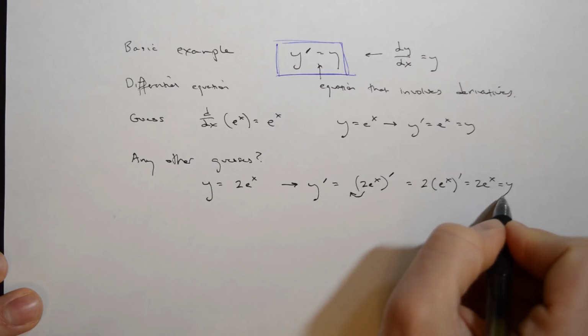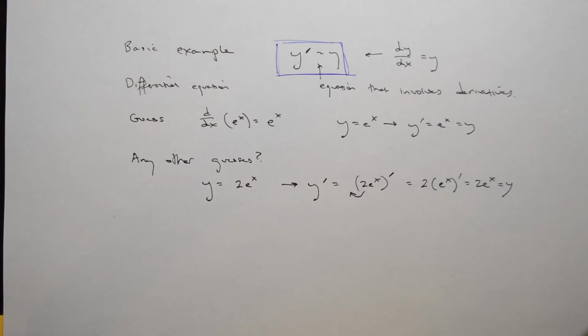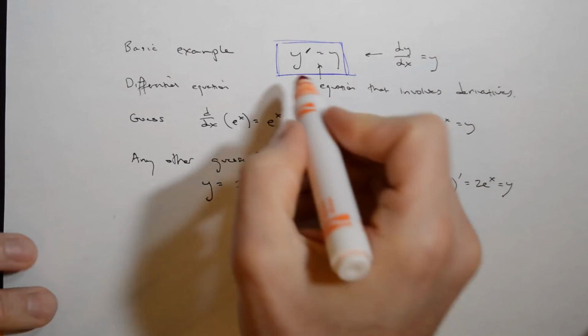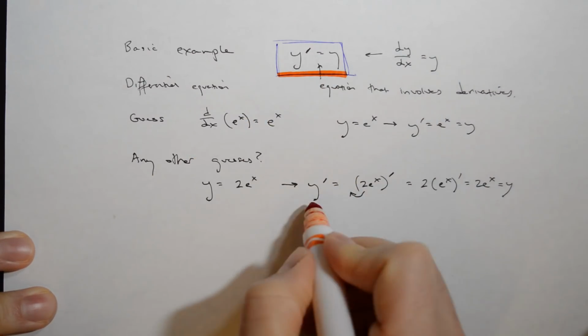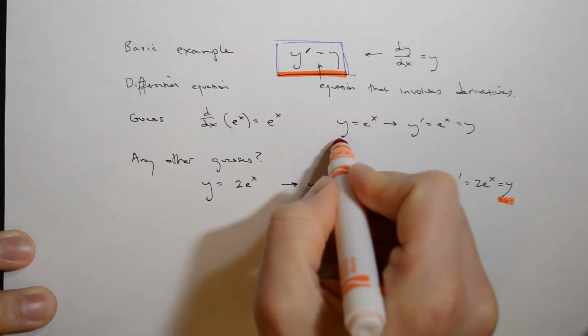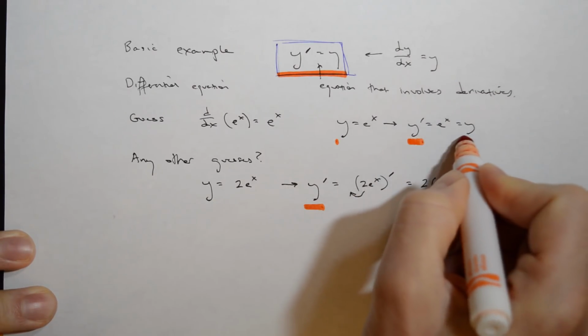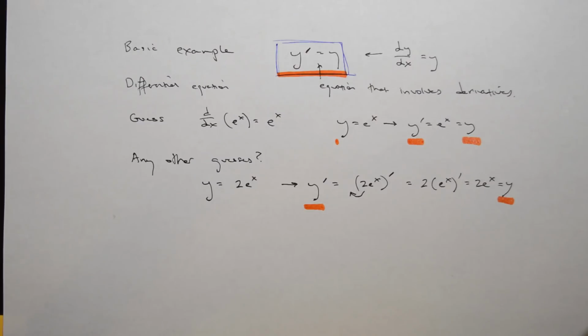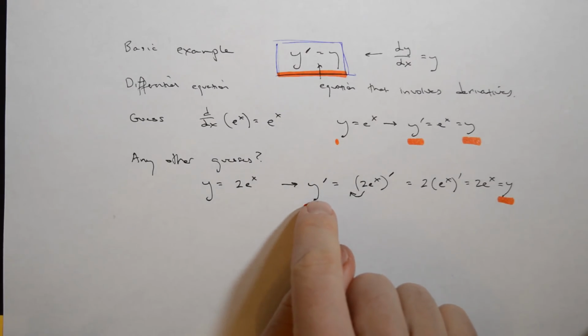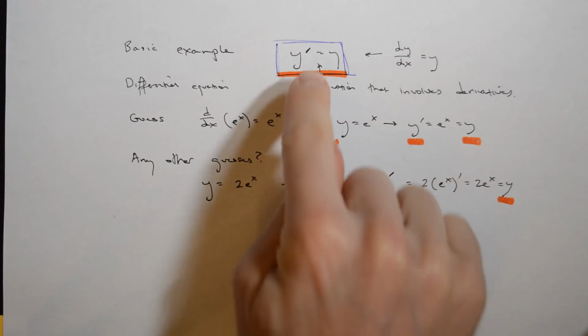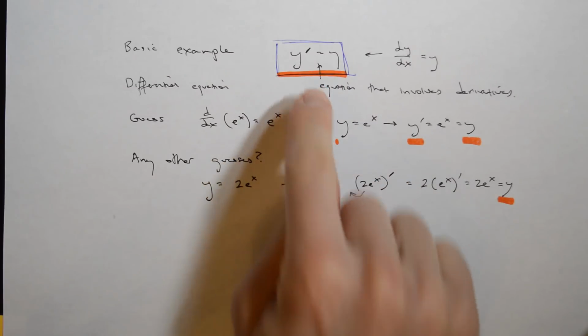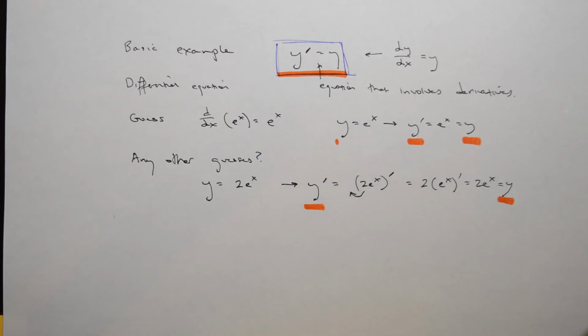This is again y. And so we see that the differential equation y prime equals y is also satisfied. So we're able to verify that 2e to the x is a solution to this equation, and also e to the x is a solution to this equation.